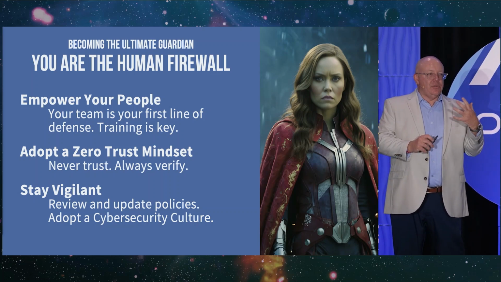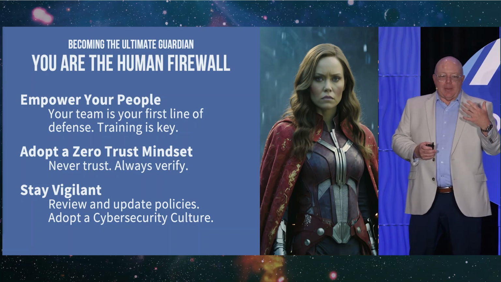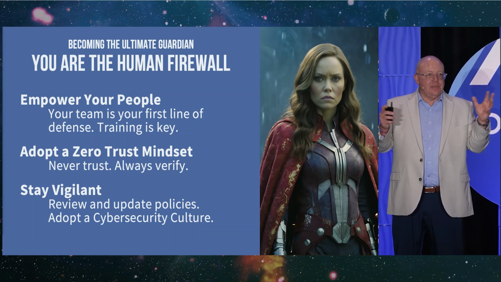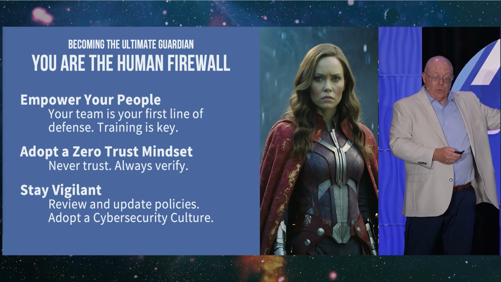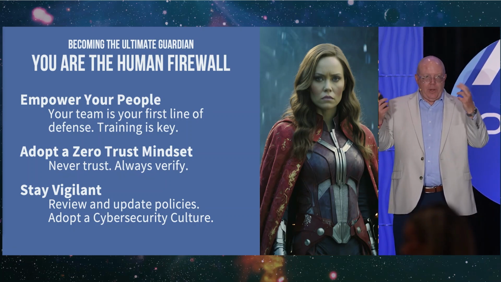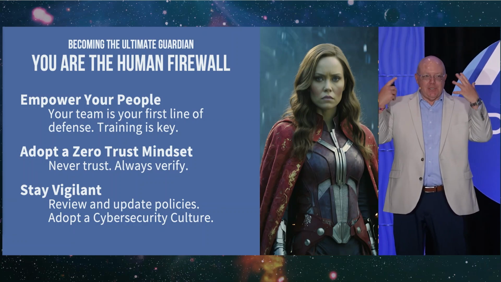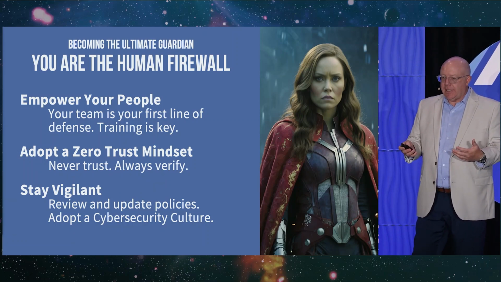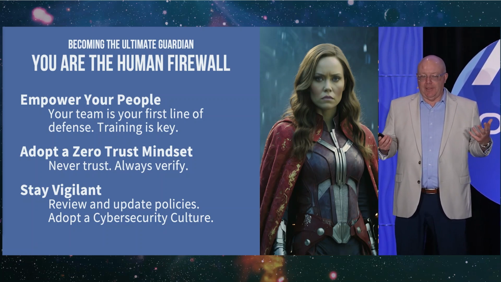Training is key there, so you've got to get in that mindset of doing training. Adopt that zero trust philosophy, even as a mindset, not just a tool set. Never trust, always verify. And then stay vigilant, just stay aware, realizing, we talked about the cybersecurity deniers. Don't be a cybersecurity denier. Understand that anyone is a target.